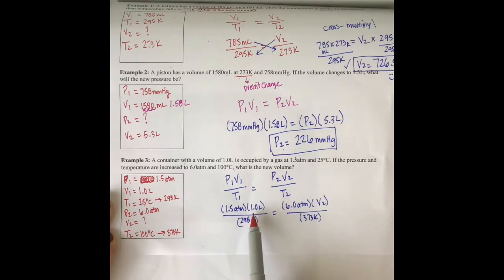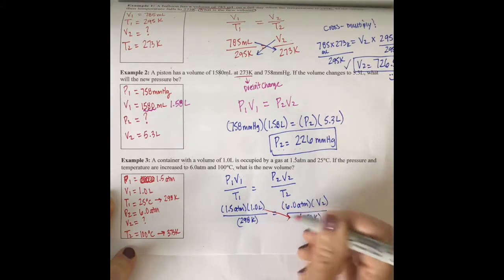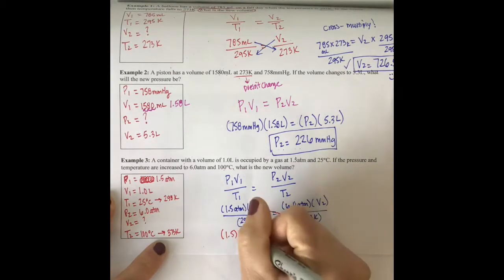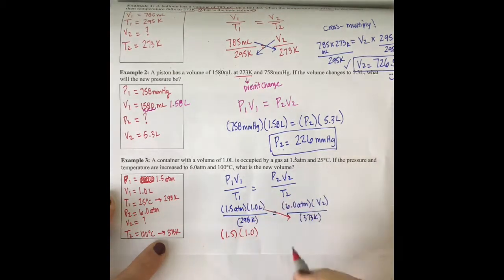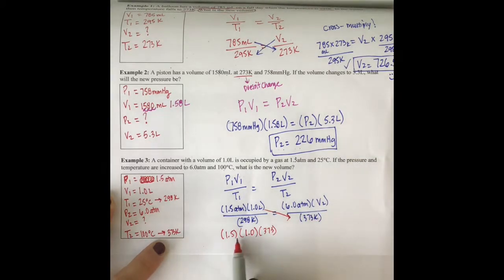I went ahead and plugged everything into the equation, and we are solving for V2. Now, it's important to stay neat when you are cross multiplying with this many variables. I'm going to do this direction first. So I will be taking 1.5 times 1 times 373. I'm multiplying all of these things together.